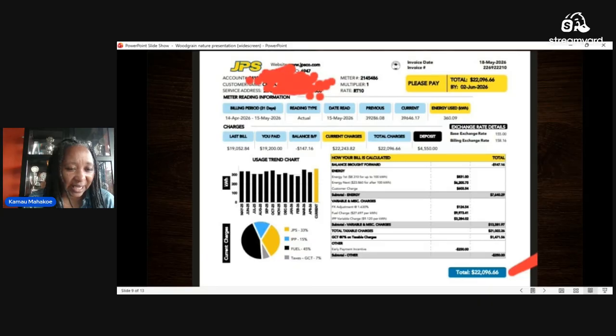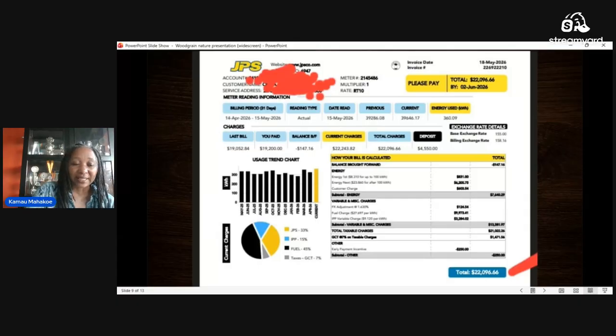The reading type, as it says, is the actual reading, which is good because it means that JPS is taking the actual figures from the meter. Even though they're doing it remotely, it's the actual figure. It's not an estimate. Because estimates can be wrong.